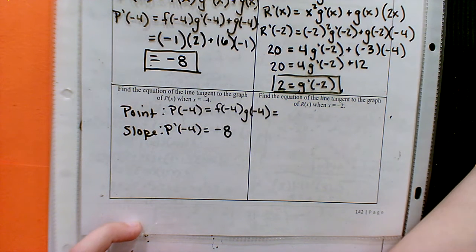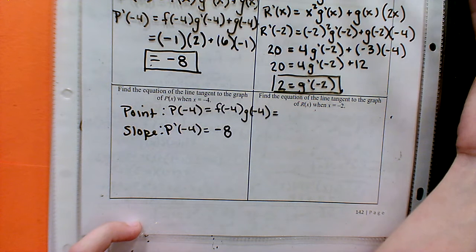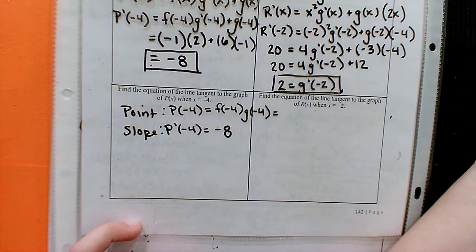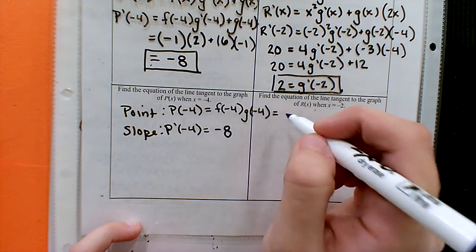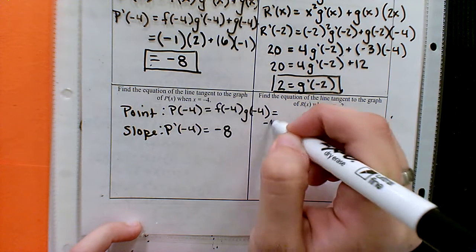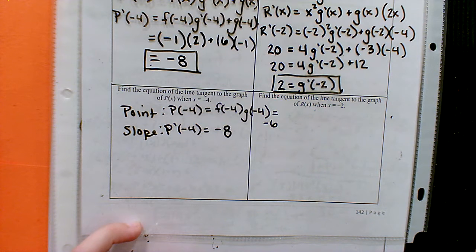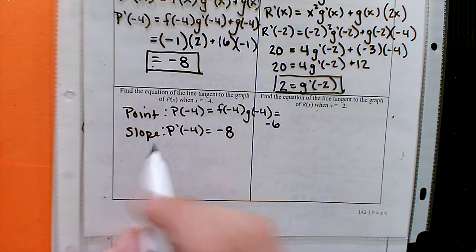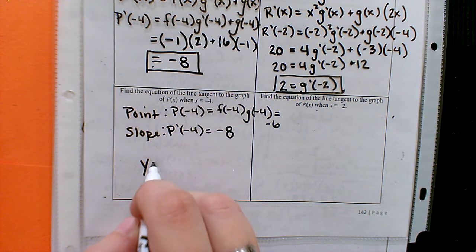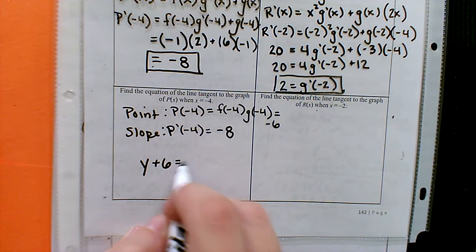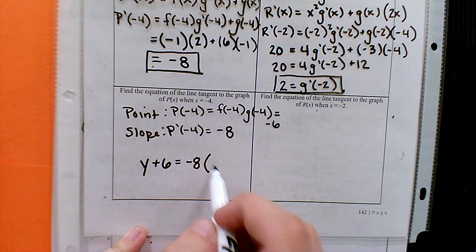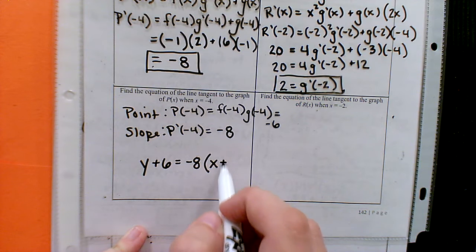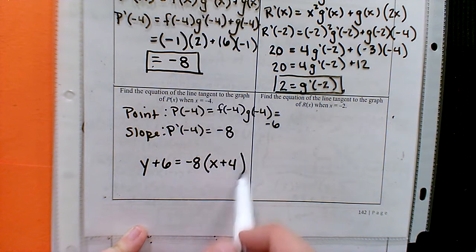Let's see, f of negative 4 looks like negative 1, and then g of negative 4 looks like 6. So negative 1 times 6, we get negative 6. So for the equation of the tangent line, we have y minus the point equals the slope times x minus your tangent spot.